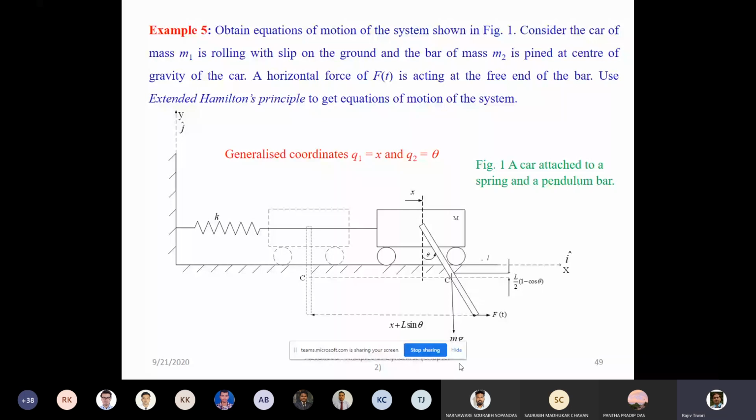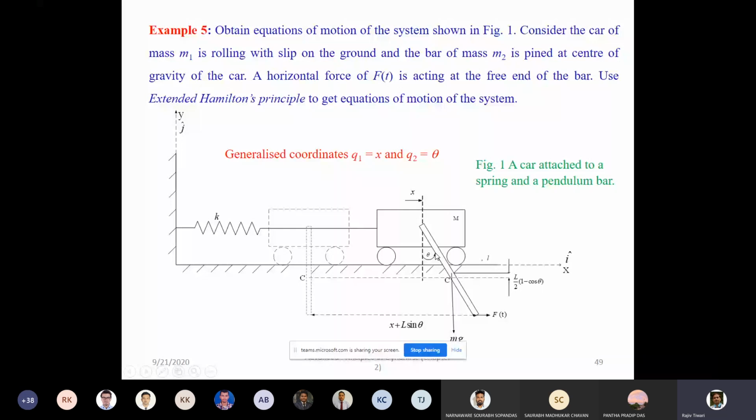So I have taken the same example. Here, as I have horizontal motion, that is defined by x displacement, and a particular bar is attached to this, which is swinging. So the position of that is defined by theta. So there are two generalized coordinates in this.